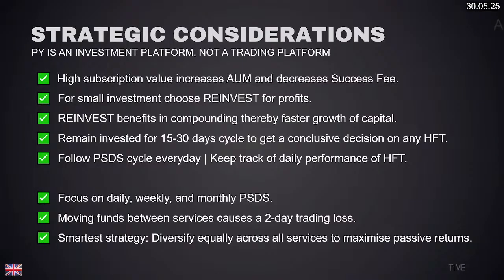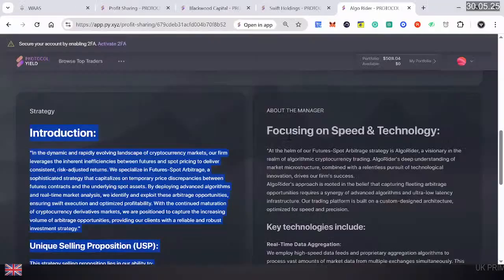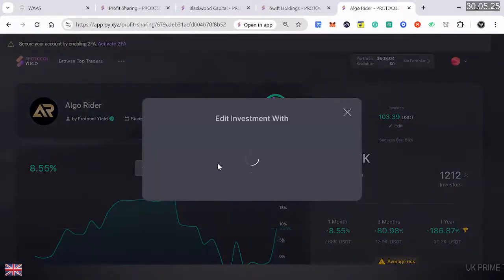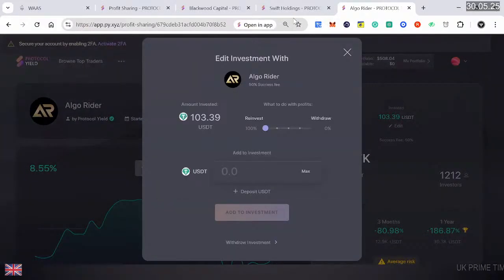That's the number one rule. For small investments, choose reinvestment for profits. When you deposit with any HFT, you have this option at the time of deposit of allocating funds to that HFT, either to reinvest or to withdraw. This is what you can do with your profits. Whenever there is a high watermark claim, the success fee goes to the trader and you claim a profit.